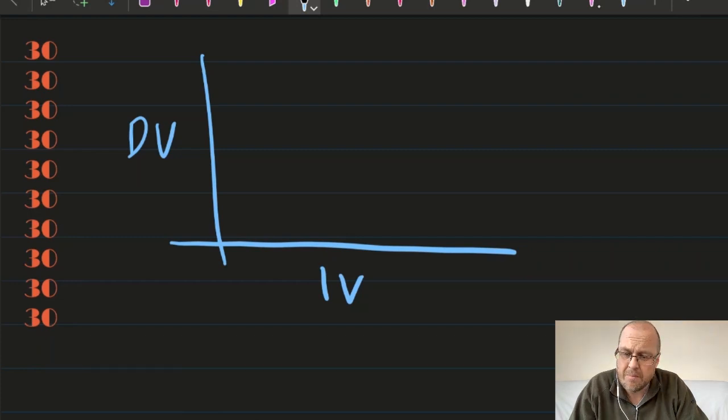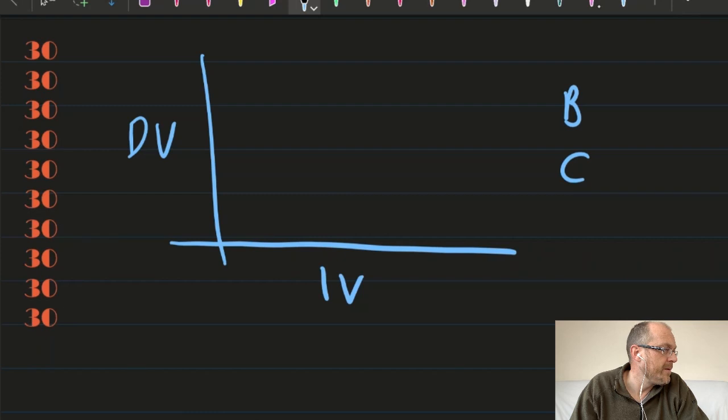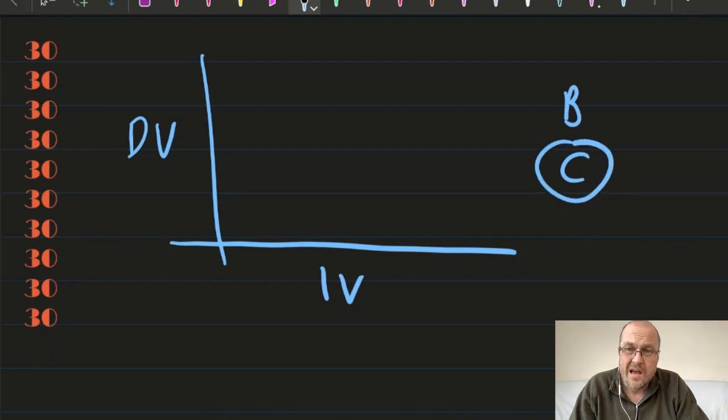So it has to be either B or C. And what is it I'm changing? What is my independent variable? It's the temperature. It's changing the temperature, seeing how fast the reaction goes. So temperature and independent, so that's C. And we're done. 29 out of 30. Yeah, it's still 7.